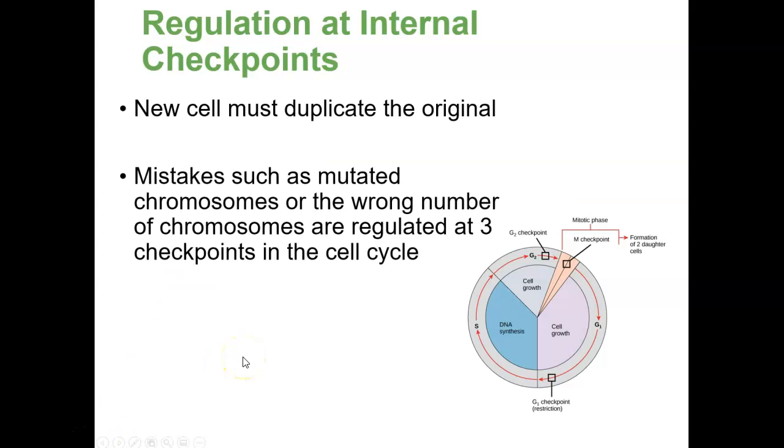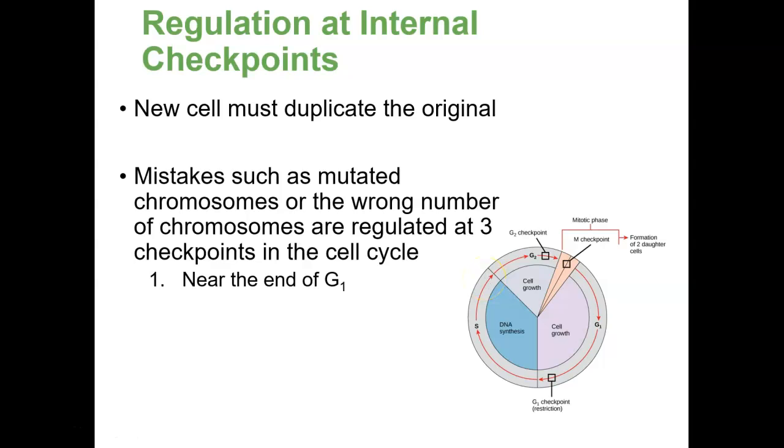A mistake, such as a mutated chromosome or the wrong number of chromosomes, we can regulate this at 3 checkpoints in the cell cycle. So we have checkpoint 1, G1, we have checkpoint 2 in G2, and we have a third final checkpoint in the mitotic phase.